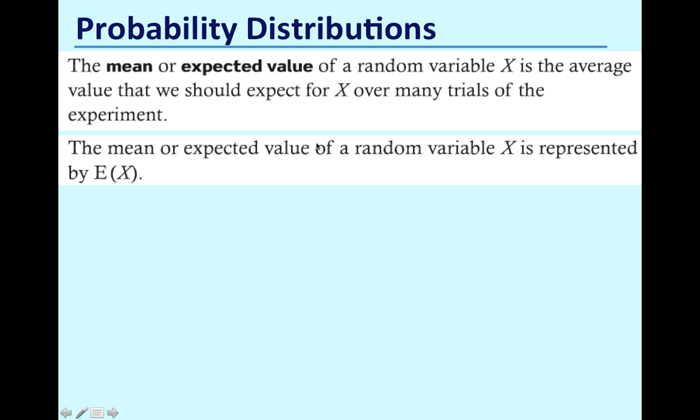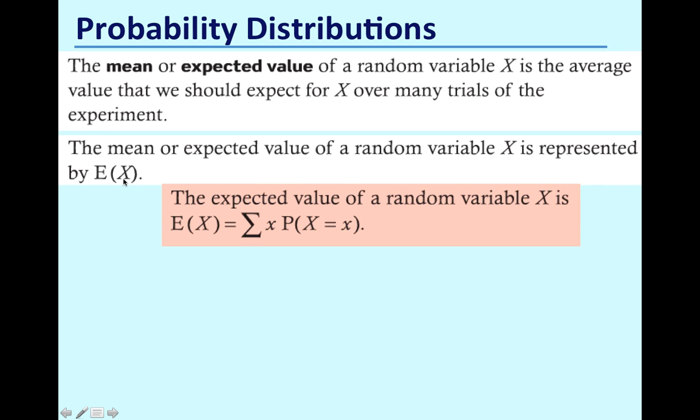The terminology that we use to represent expected value is E brackets capital X. So how do we find it? The expected value, E(X), is the sum of the individual probabilities multiplied by the possible outcomes.